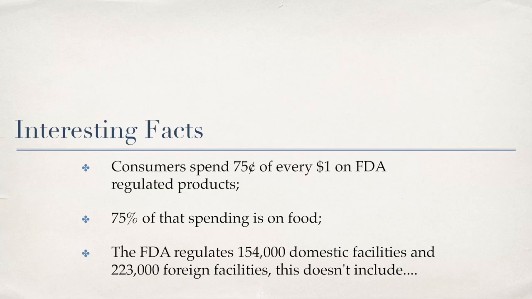And I think this is an important point to make as we talk about getting into the nuance of what is food, the nuance of FDA jurisdiction, and the frustration of why the FDA has this particular model versus another model. Consumers spend a lot on FDA-regulated products. If you have an animal, you probably spend more than 75 cents of every dollar, maybe right at $1.